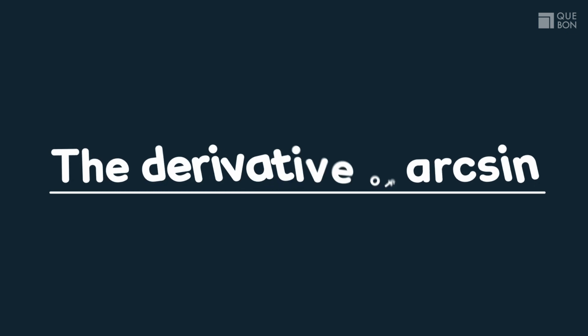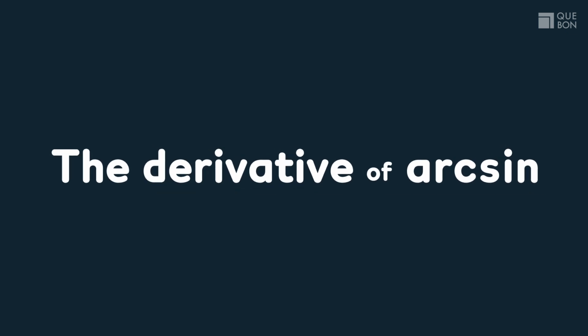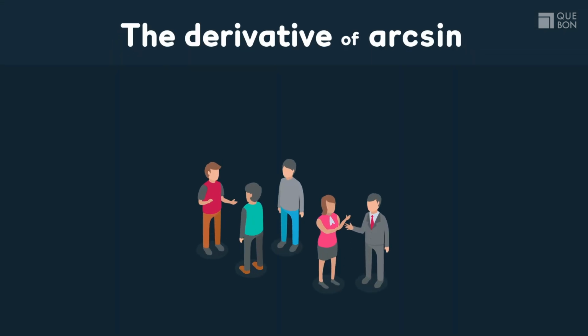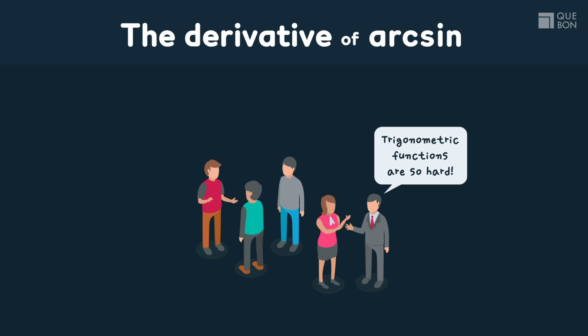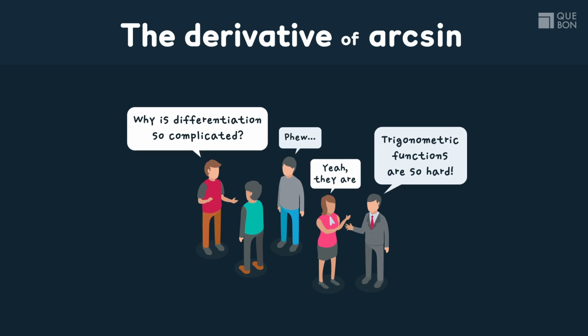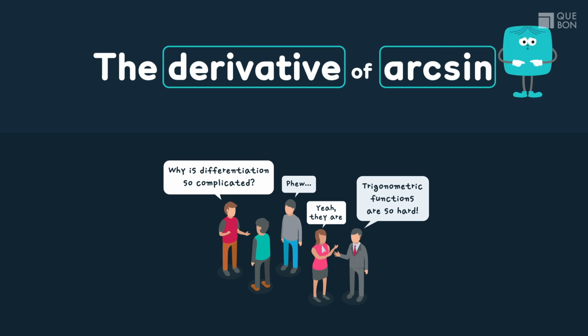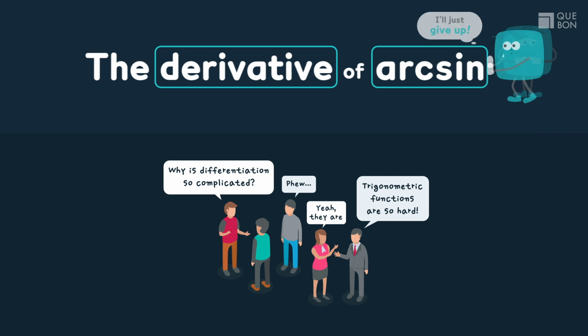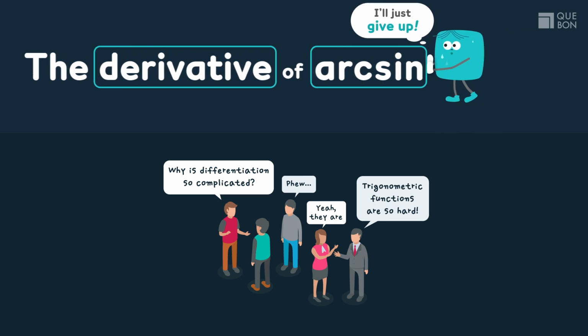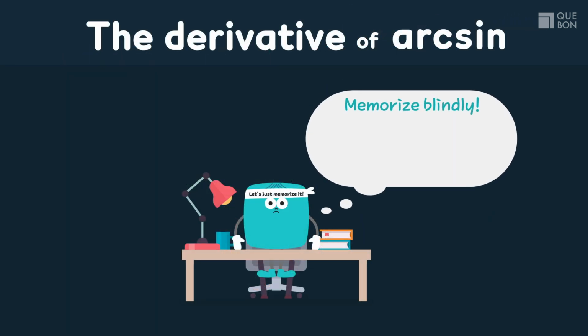Today, let's explore the derivative of arcsine. Many people find trigonometric functions hard, and derivatives even harder. As soon as the two are mixed together, it feels overwhelming, so they just give up before even starting. Or they memorize blindly. The derivative of arcsine x is 1 over the square root of 1 minus x squared.